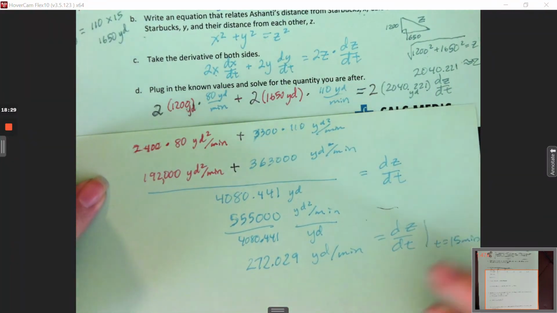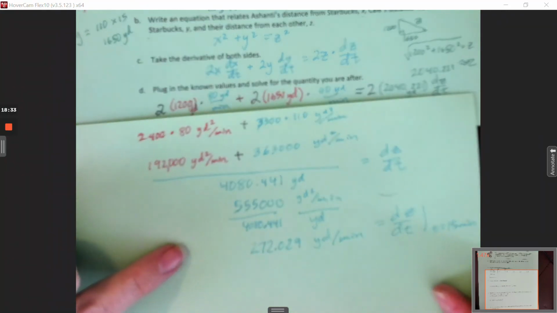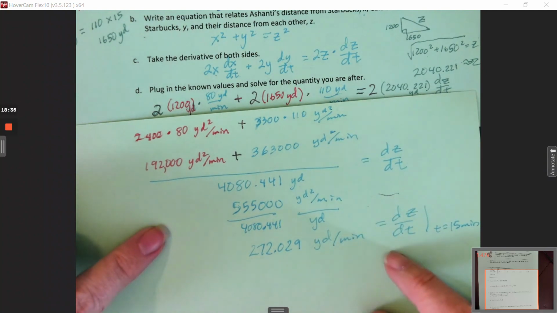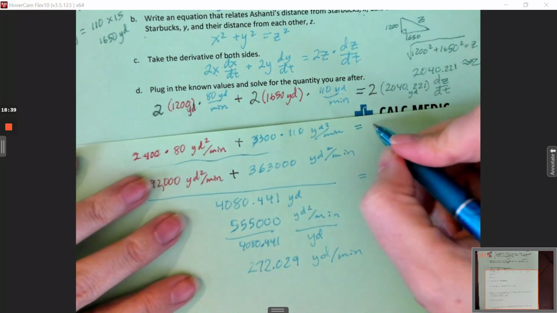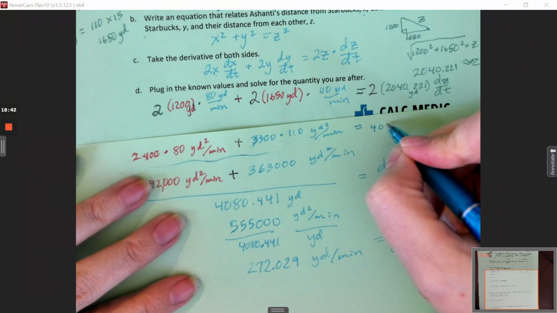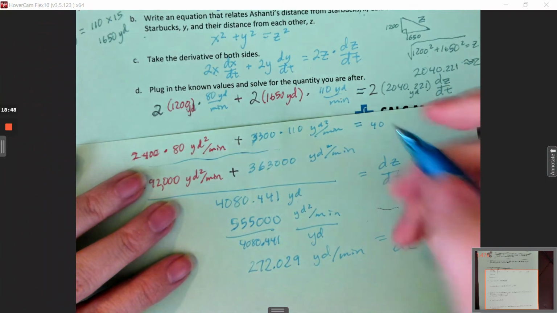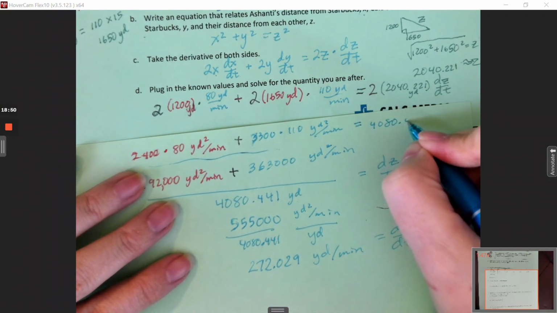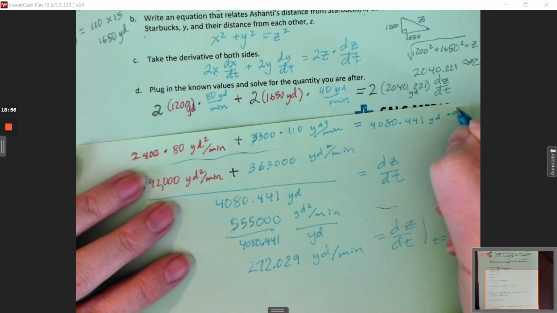Okay. Story problems, I like to know the answer though, so I went ahead and went all the way down. And certainly I wanted to check my units and see if they made sense. So this line should be equal to dz/dt.